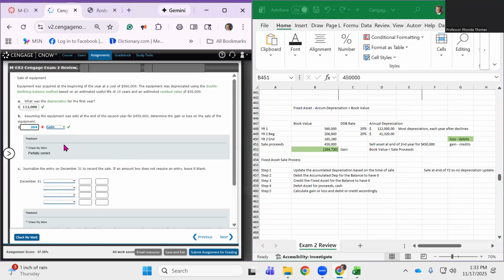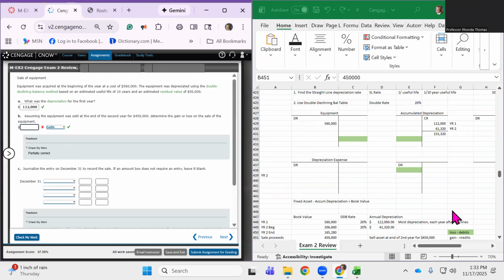Okay, hang on. Assuming that it sold at the end of the second year, they're being nice to you by telling you that, because you can just put in that second year. Let me just go double check here. So here it is. Uh-oh, hang on.